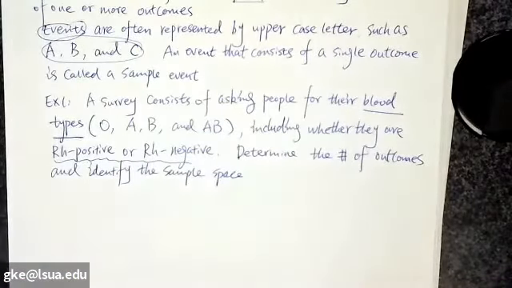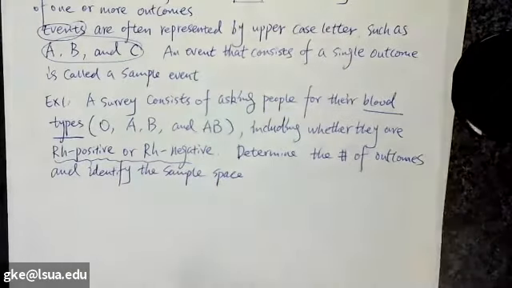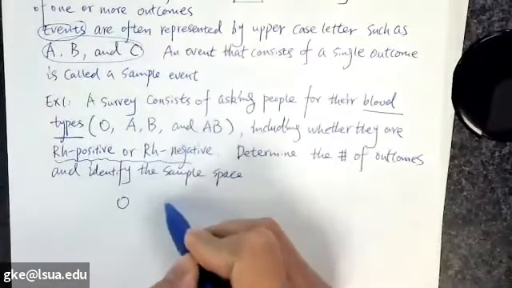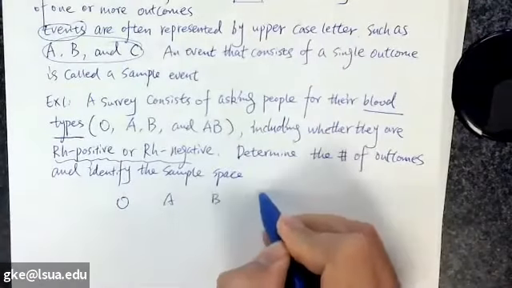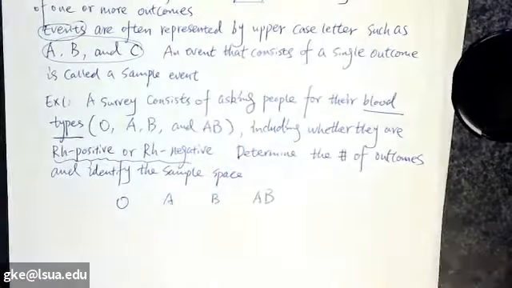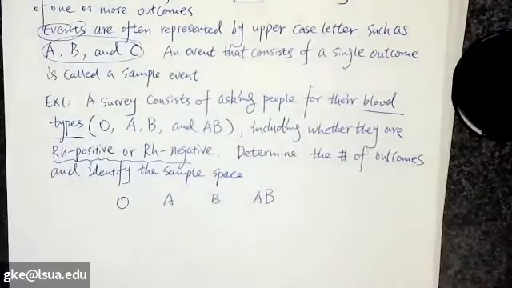So we draw a diagram to do the analysis. We draw the first scenario: O, A, B, AB. We've got these four types.